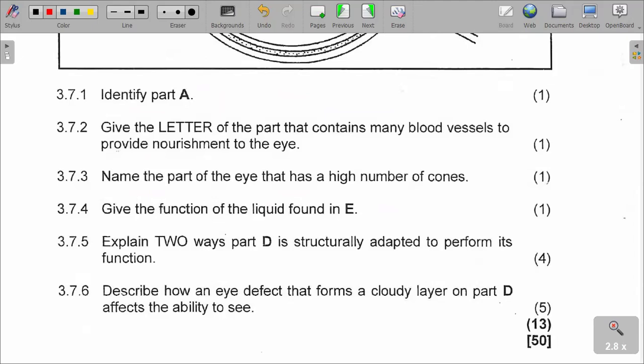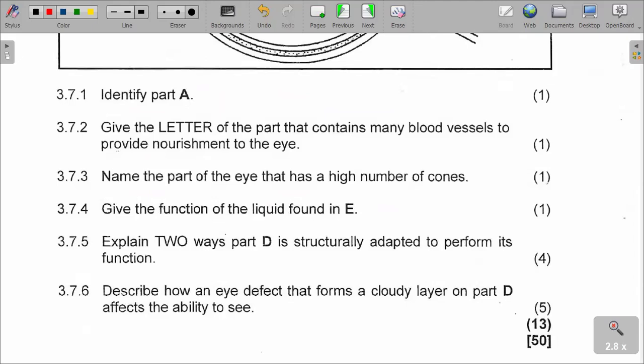There is also question 3.41, which needs you to identify a reflex arc. Name the pathway represented in the diagram above. In the reflex arc, part B is the sensory neuron, which transmits impulses from the receptor towards the central nervous system, that is the spinal cord.